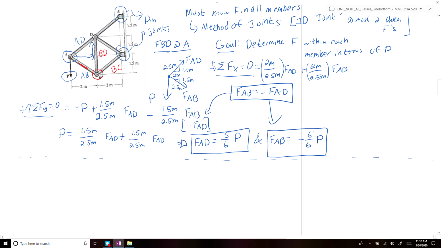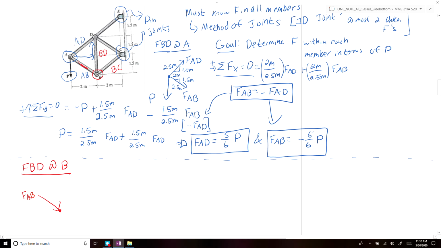So we can draw our free body diagram at point B. And if we do that, we'll end up getting force AB.